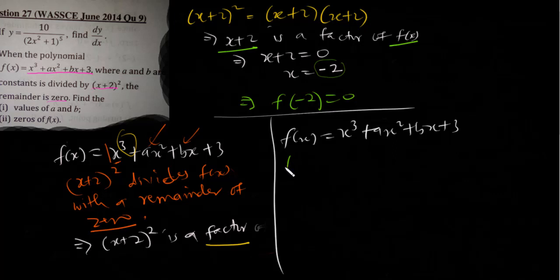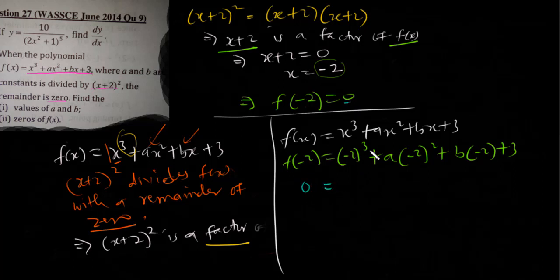So f of negative 2 equals, we have negative 2 cubed, then a times negative 2 squared, then b times negative 2, plus 3. But we are told that if x plus 2 is a factor, then f of negative 2 equals 0. So where we have f of negative 2, we write 0.